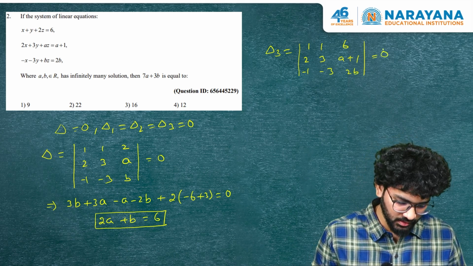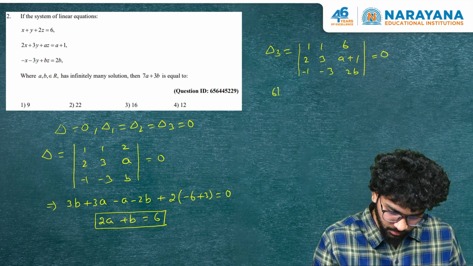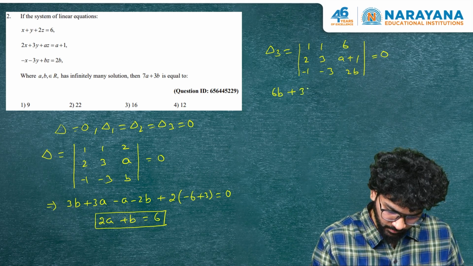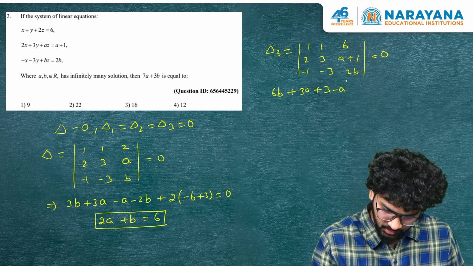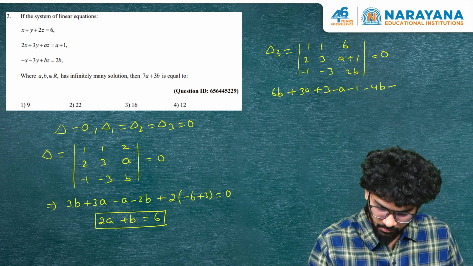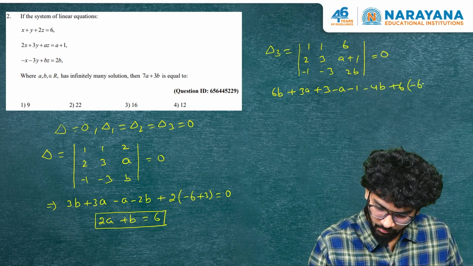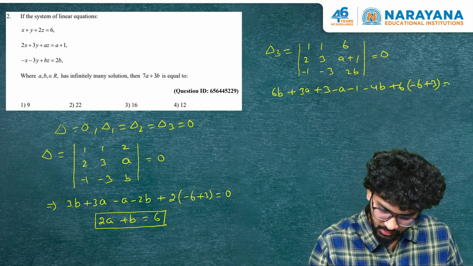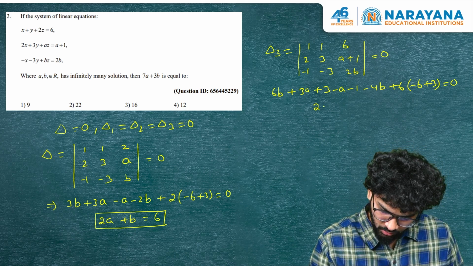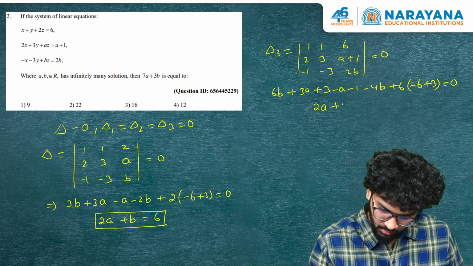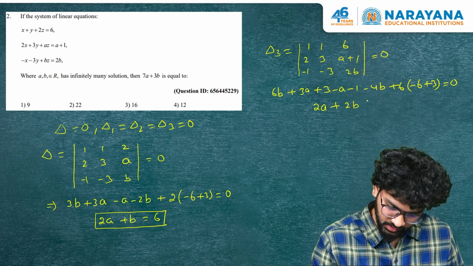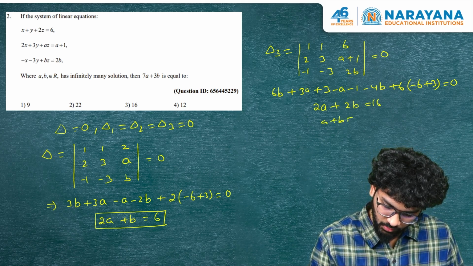Now if I simplify this, I am getting this as 6b plus 3a plus 3 minus a minus 1 minus 4b plus 6 times of minus 6 plus 3 is equal to 0. Now if I simplify this, I am getting this as 2a plus 2b is equal to 16. I'll get a plus b equal to 8.